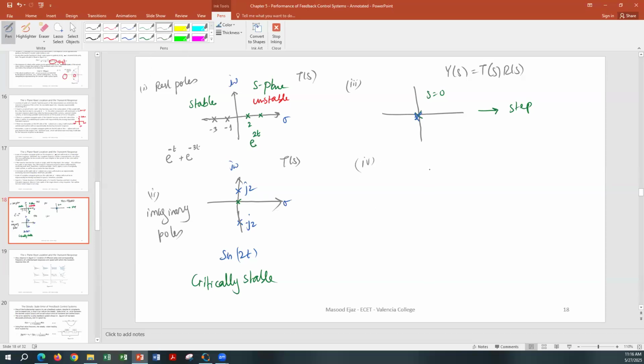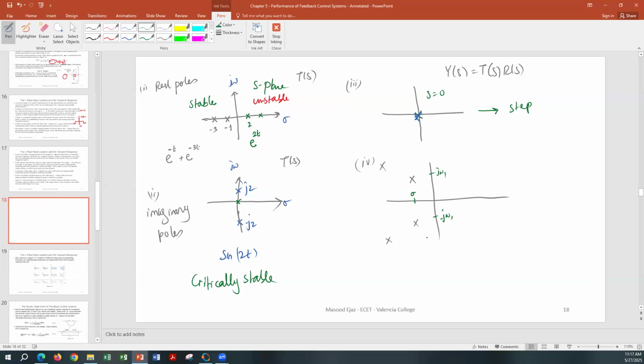And now finally, if your Ts poles are complex conjugates, so they are here or they are here on the left side of the S-plane. So now you have both the value of sigma and the value of j omega. So we have j omega 1 and negative j omega 1.